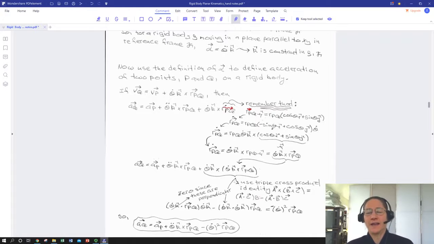And we can define our U unit vector of this line connecting two points on our rigid body with respect to reference frame F, using our i hat and j hat, which are our unit vectors for our reference frame F. So now we're connecting a line in our moving rigid body back to the coordinate axes of our reference frame.